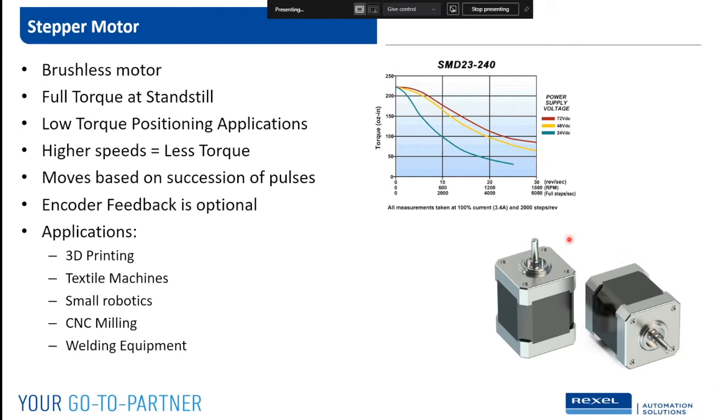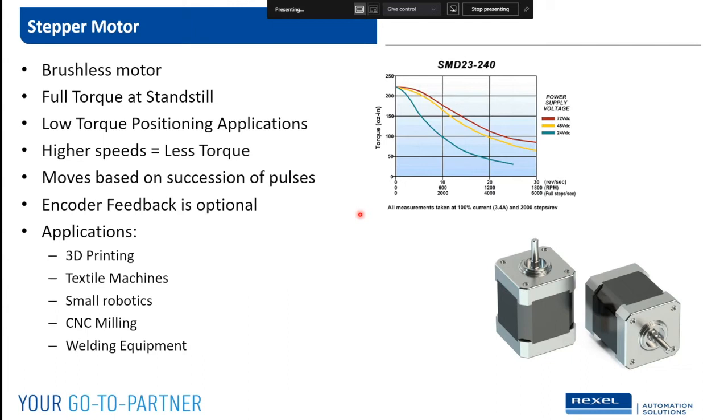You'll see in this speed torque curve, we're measuring in ounces per inch. There are other applications we'll talk about later in servos with Newton meters and foot pounds. Really we're looking at how many ounces of torque we are applying an inch away from the center. That's how we're measuring this.